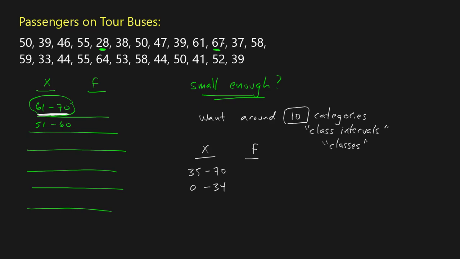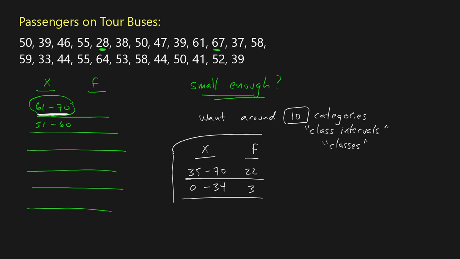Remember, my largest number was a 67, my smallest number is a 28. And so I would have just 2 categories, and without going through this and working through it properly, I'm sure that the majority of them are going to be somewhere in 35 to 70, so it could look something like this. It could be that 22 of my values sit here, and the remaining 3 values sit in this range.